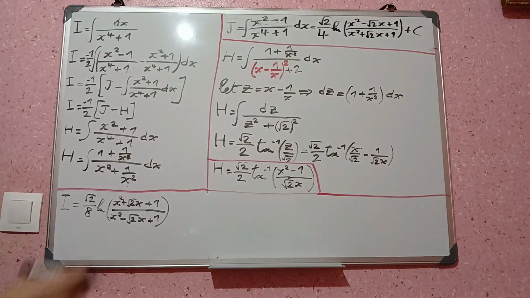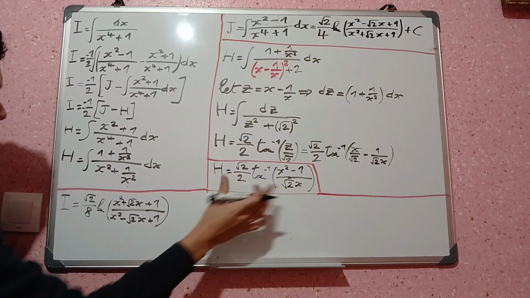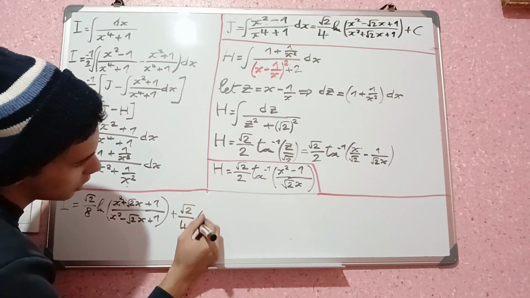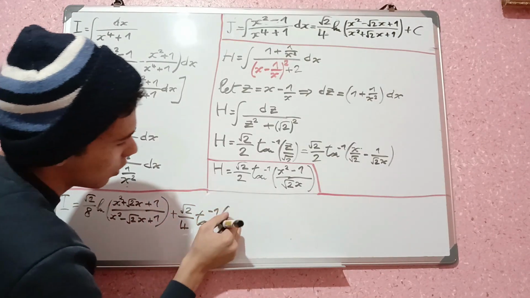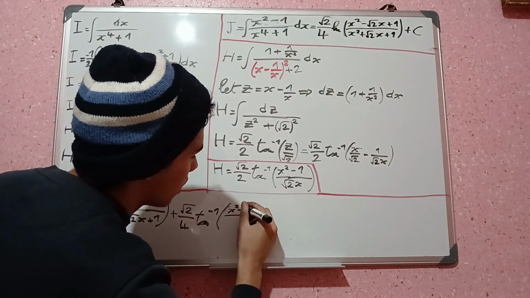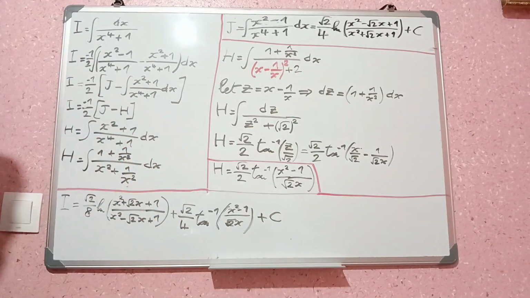Here like this. Minus h, minus with minus is plus, over 2. So it's the same as this. It's over 2, which is over 4. Inverse tangent of x squared minus 1 over square root of 2x, plus c.